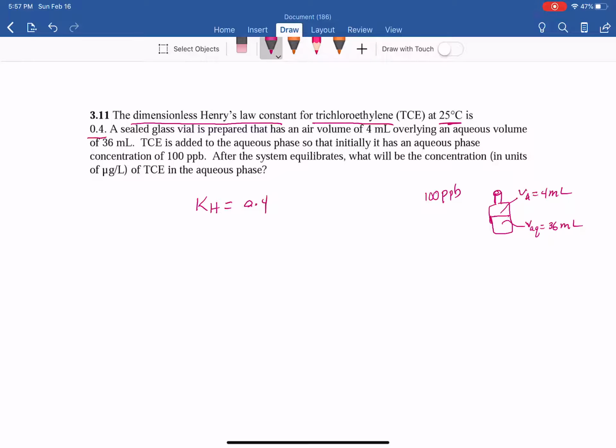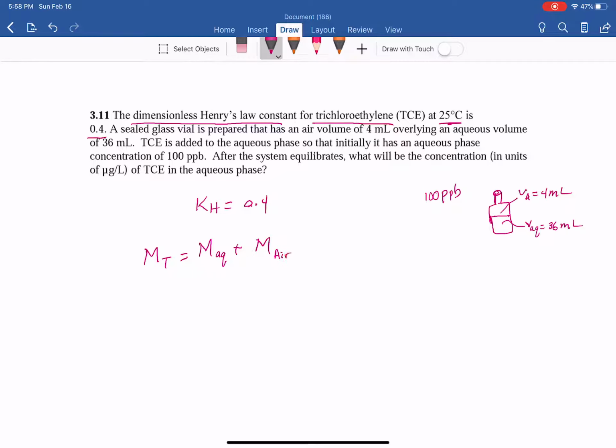so first of all, we'll do the same mass balance we did in the example in the notes. So the mass total entering is equal to the mass of TCE in water, or aqueous, plus the mass of TCE in air.